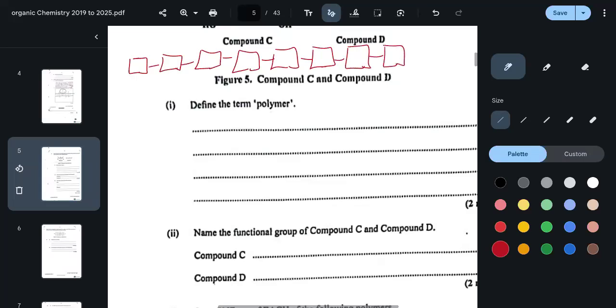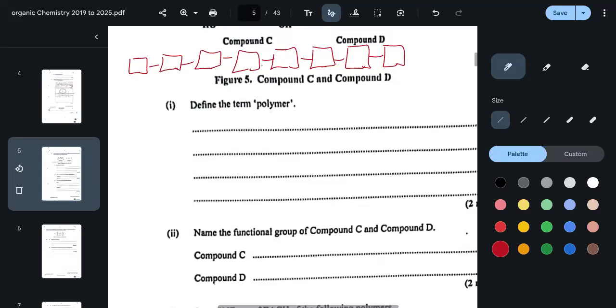So if you do biology, starch, when you digest it, do you remember what it breaks down into? So starch, which is a carbohydrate, is broken down finally into glucose, right? So starch would be a polymer, which is formed from glucose.